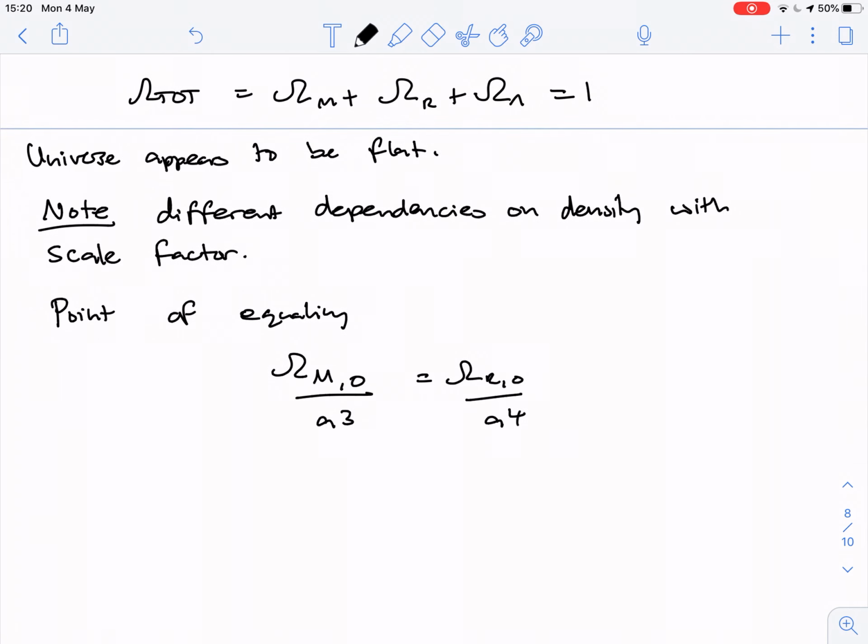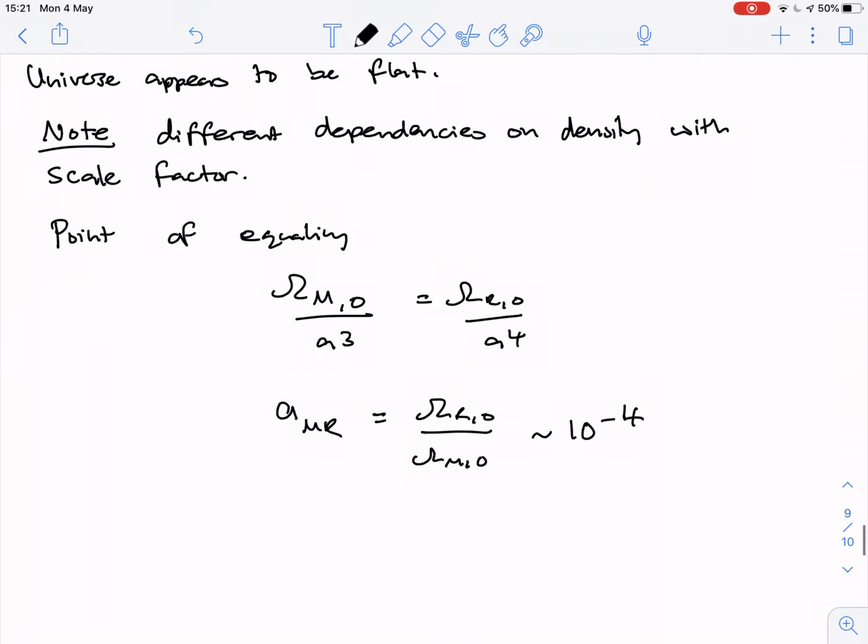It gives a of matter-radiation, a scale factor at which matter and radiation contributed equally, omega r0 over omega m0, and it's something a few times 10 to the minus 4.